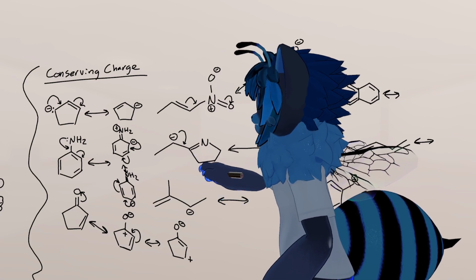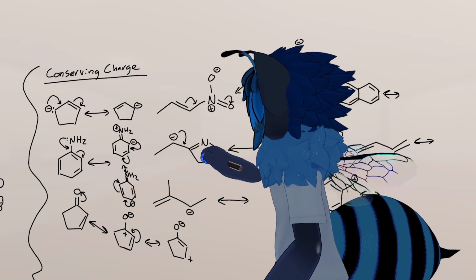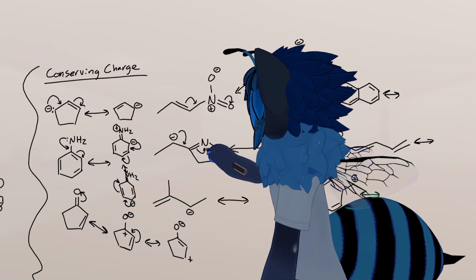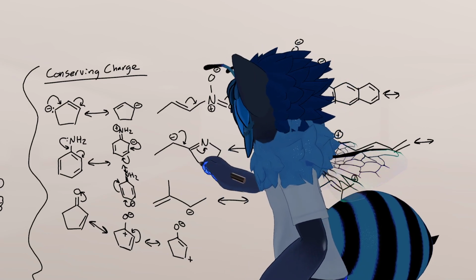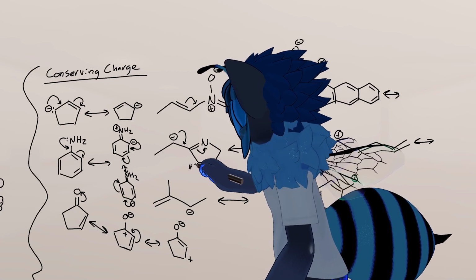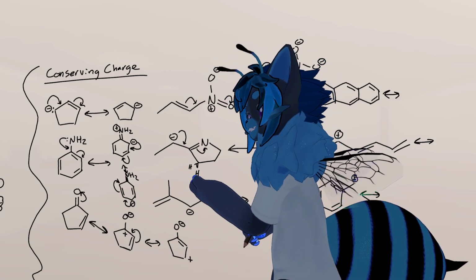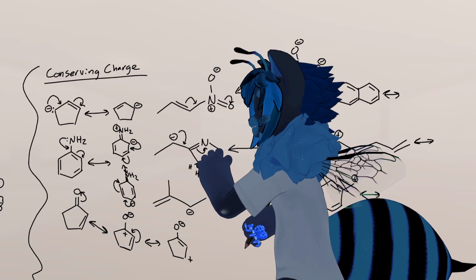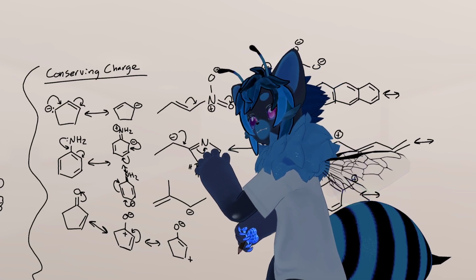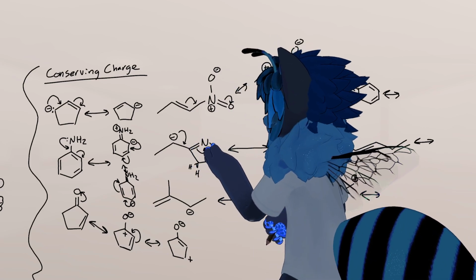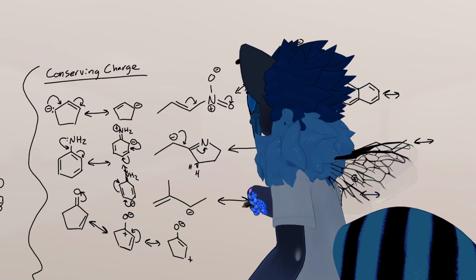Well, you can't move that single bond, but you can move one of the double bonds. And it's going to go to nitrogen because it can't move to the other oxygen or the other carbon because that's an sp3 carbon. It already is full. Nitrogen isn't. It can hold another charge. It can take one more electron in its pi orbital.